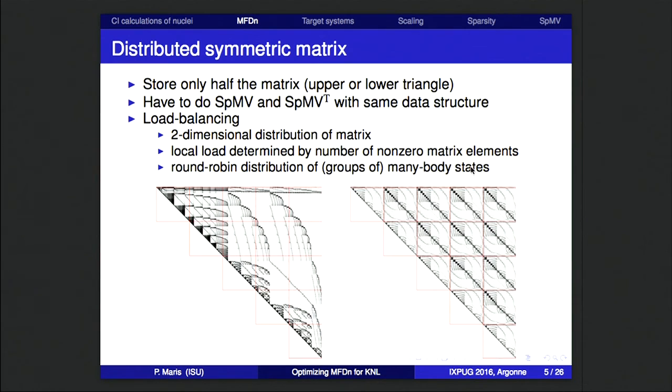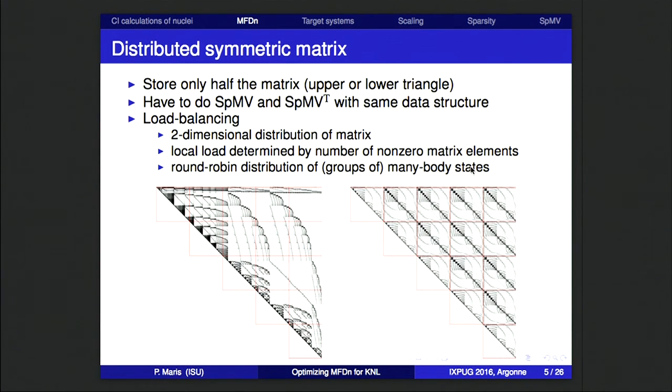But the price we pay for that is that we have to do a sparse matrix vector multiply as well as a transpose sparse matrix vector multiply with the same data structure. And that will have consequences for cache use and also possible race conditions depending on how you store it.